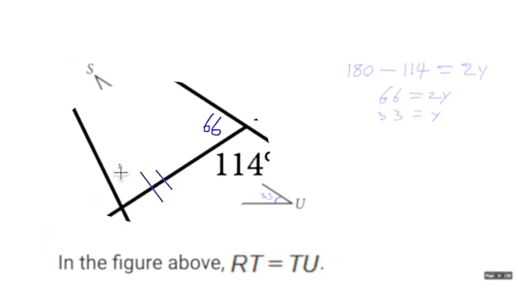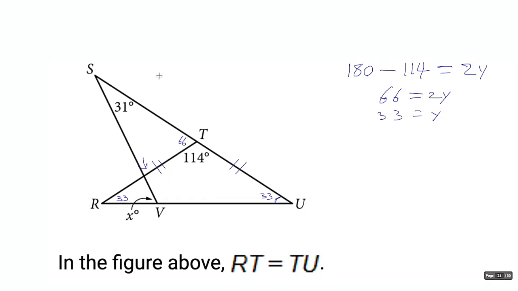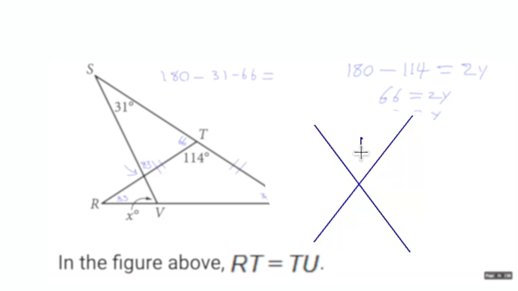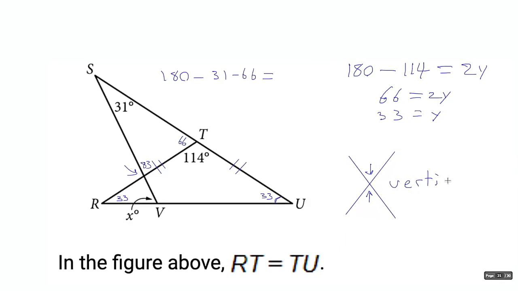Now we can figure out this angle down here, right? Because we know 180 minus 31 minus 66, whatever's left over, is that angle, and that's going to be 83. And these ones I do remember the name of. Anytime you have this sort of hourglass thing going on, the angles that touch tips are called vertical angles, and vertical angles are congruent.